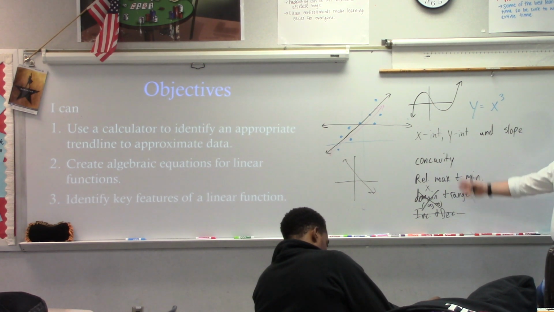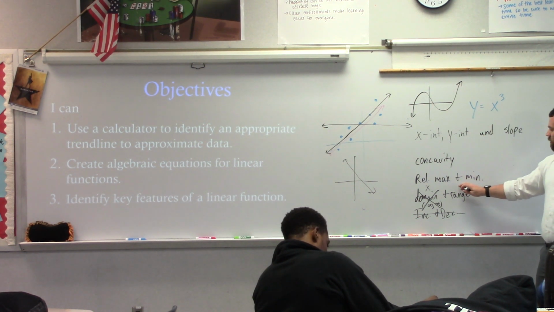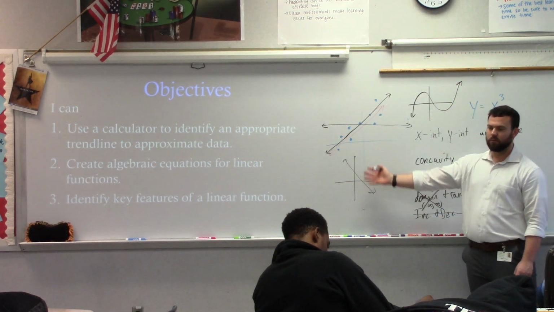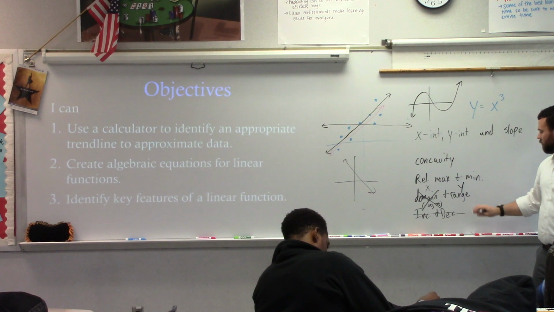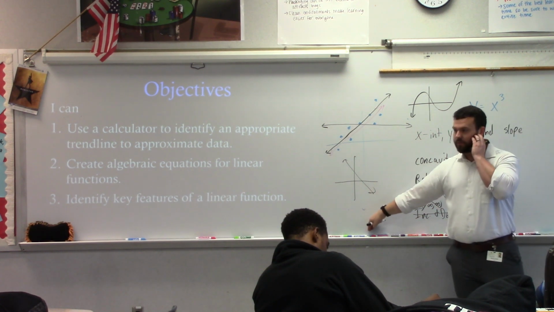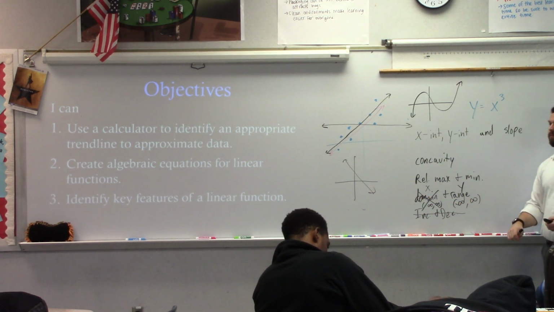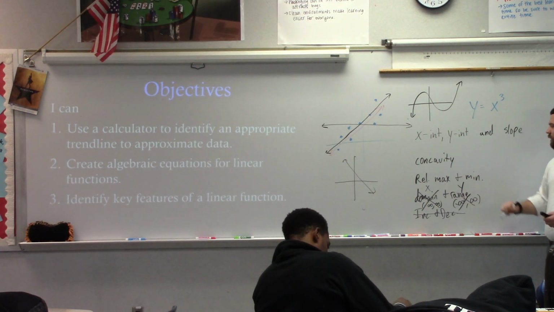What about range? If domain is x, range is y. What's the range going to be? Notice the y value is going to keep going down forever, and it's going to keep going up forever. Is that range ever going to change for the line? So, we're not going to worry about it for linear functions because it's always going to be that.